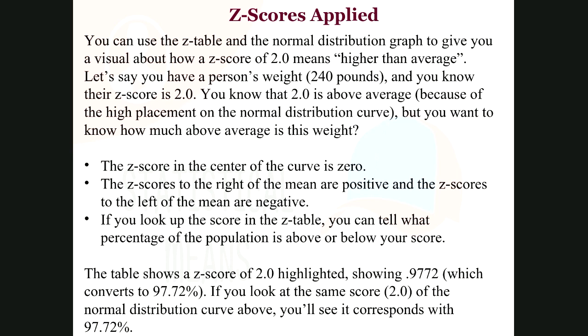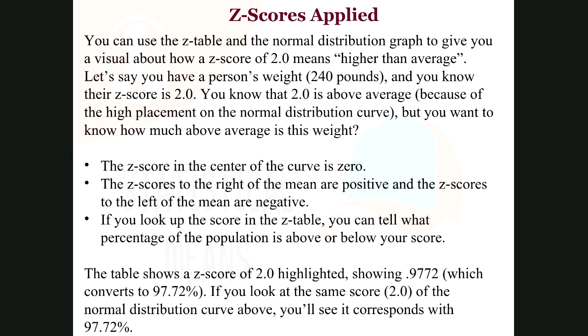We can't say they're obese, unless somebody out there knows the average weight of somebody who is obese. But we can say they are not within one standard deviation. Therefore, they are overweight. All right.